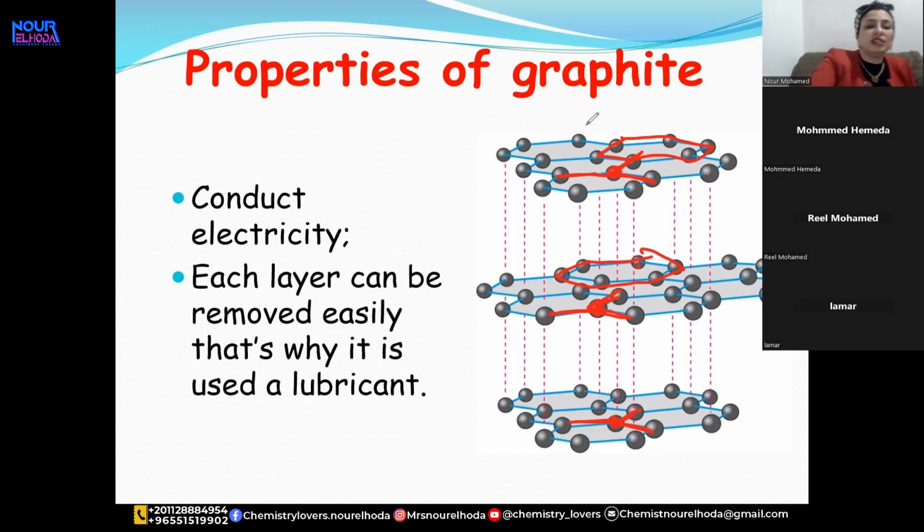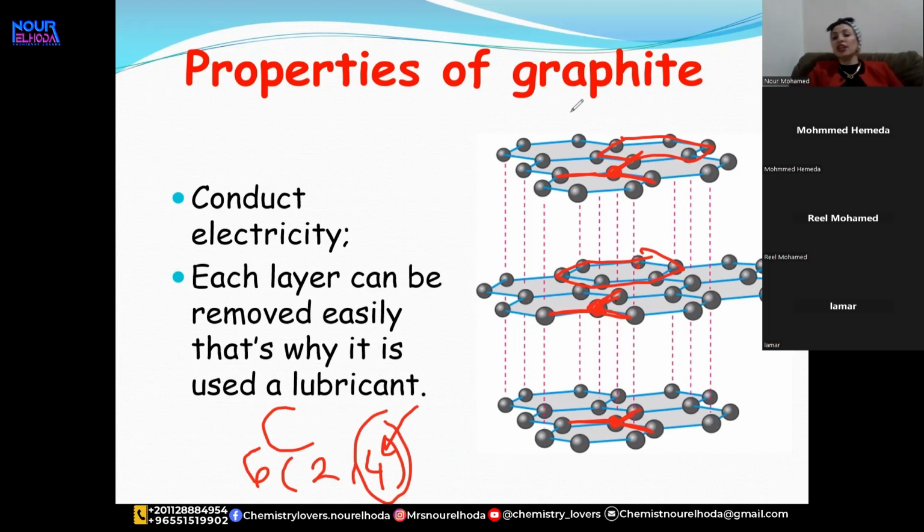Carbon has 4 electrons in the outer shell, but it only makes 3 bonds. This means there is 1 more electron that is free to move. So that's why graphite conducts electricity, because it has 4 electrons in the outer shell, it used 3 of them, and 1 electron is free to move.